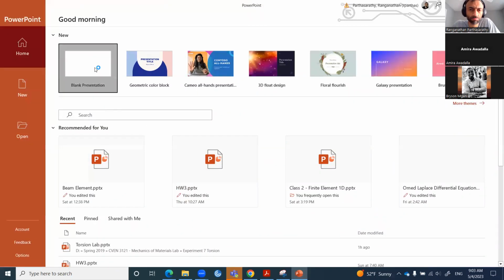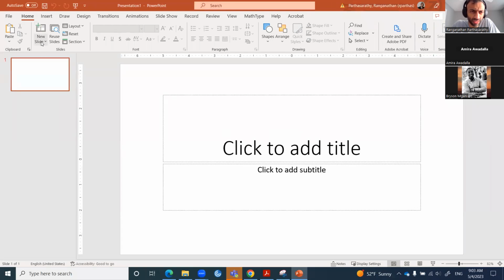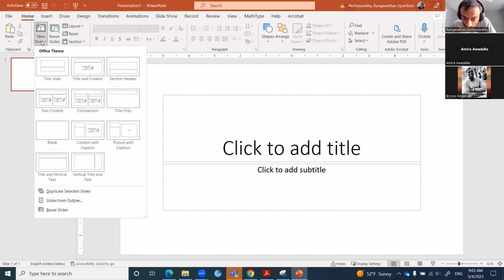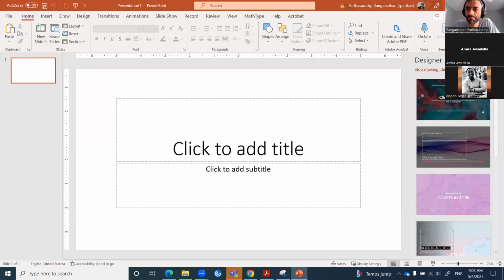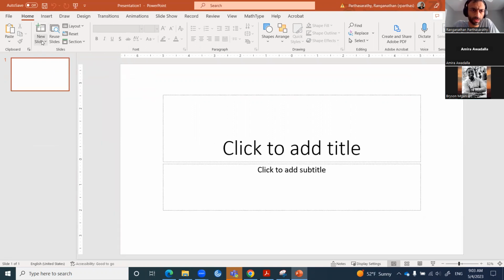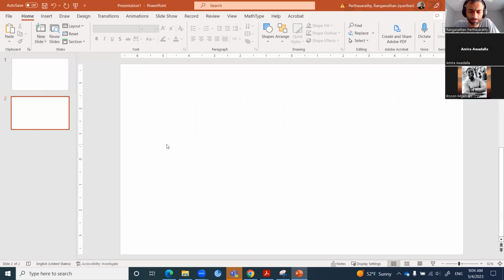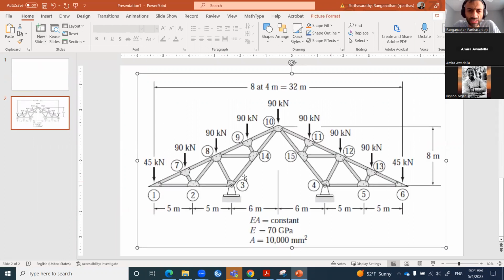Okay. I think the first thing is to mark the coordinates.